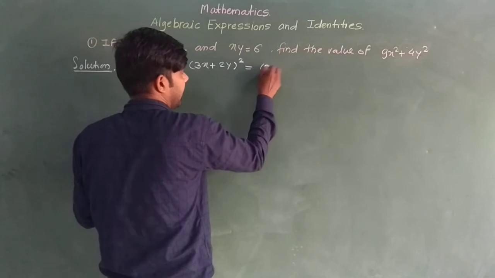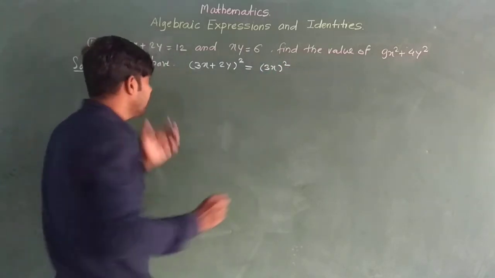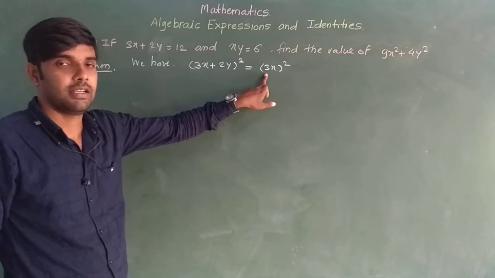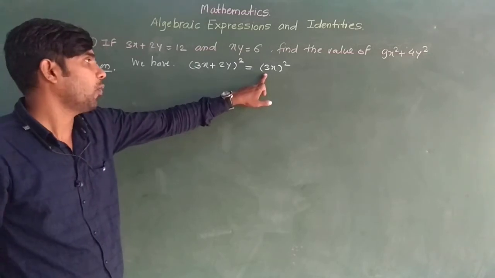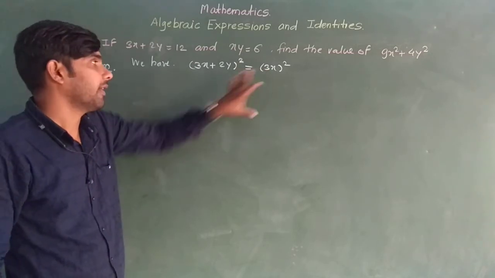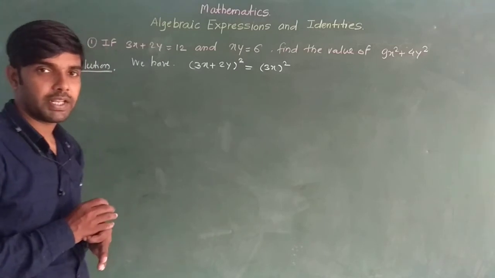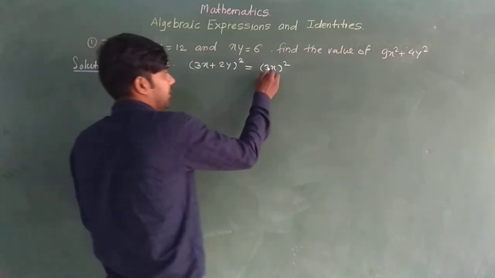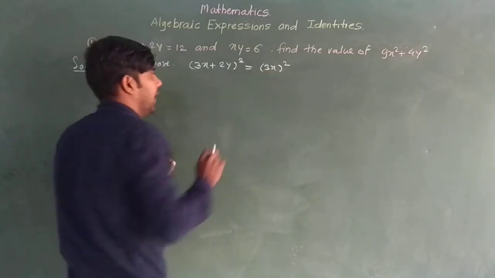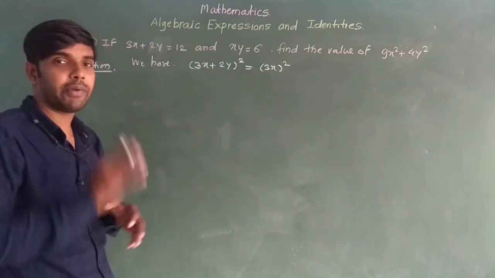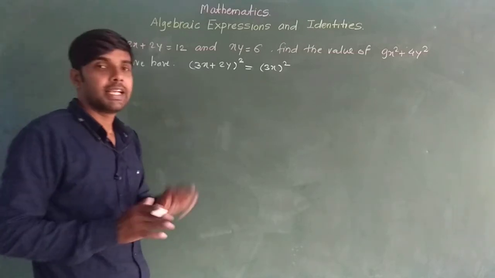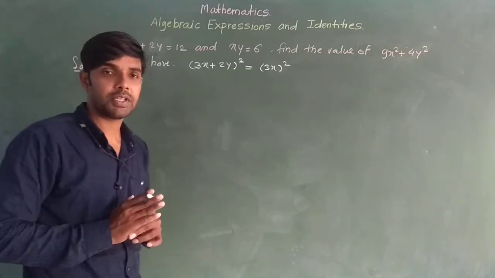That means (3x) square. So you have to put a bracket here. If you want to write the answer properly or very carefully, you have to write a bracket here, meaning numerical coefficient and literal. In the last example, in x plus y, only one literal is there, there is no numerical coefficient.